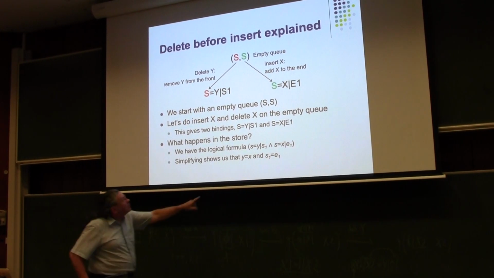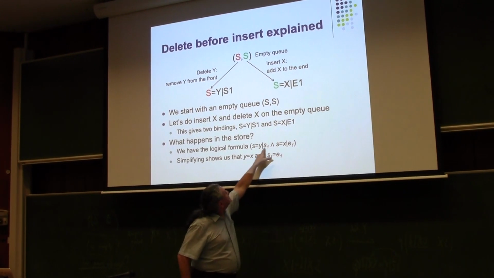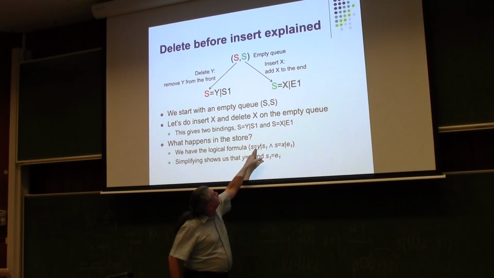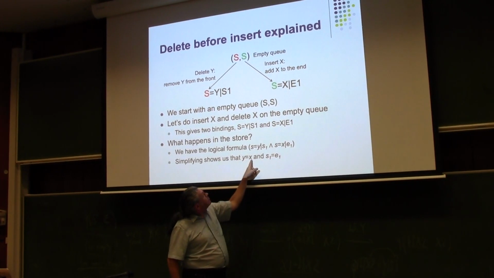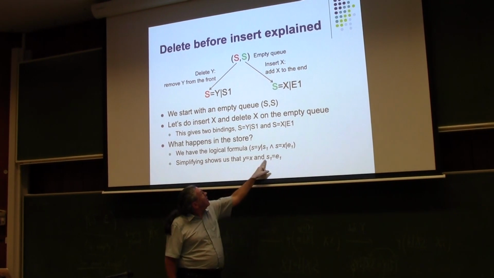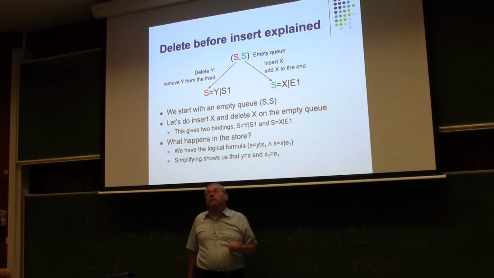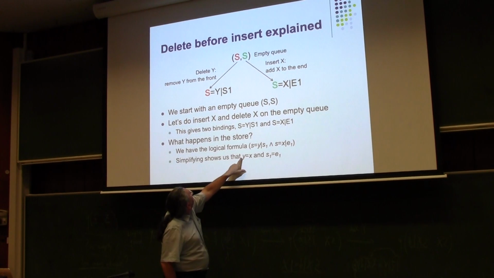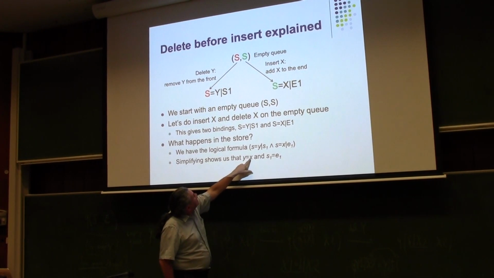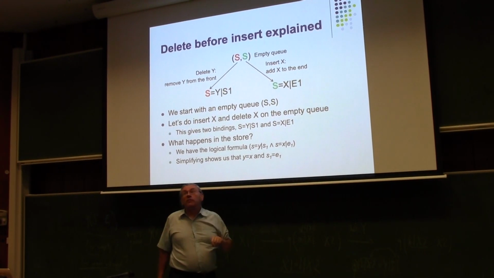So what does this mean? Well, we can simplify this. If S is equal to Y is 1 and S is equal to X E1, then Y has to be equal to X and S1 has to be equal to E1. That means the deleted element, Y, is the same as the inserted element.